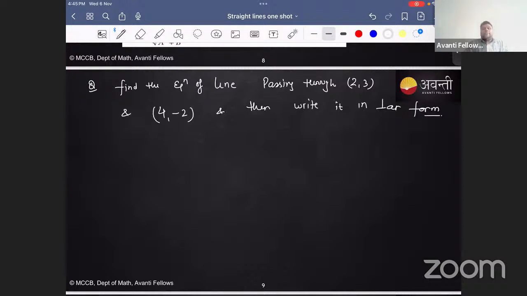Find the equation of a line passing through (2, 3) and (4, -2), and then write it in perpendicular form.